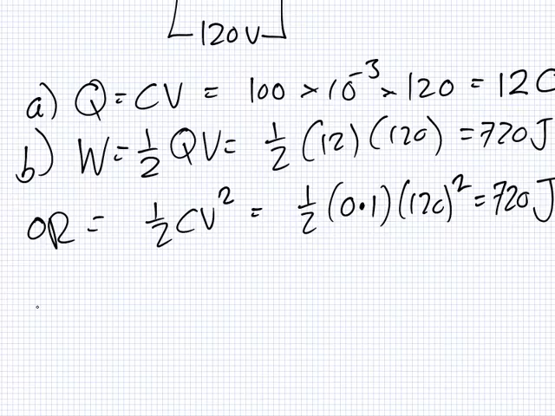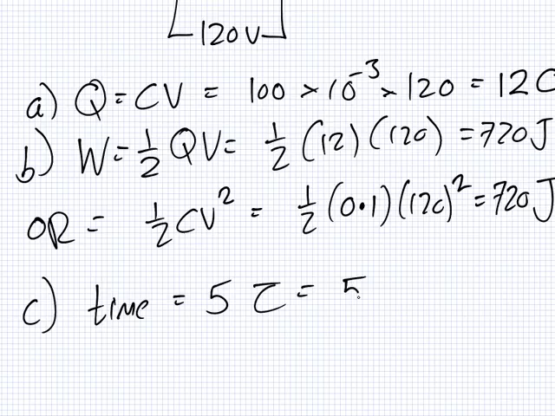What do I want in C? Time to discharge. Now, do you remember the formula for the time to discharge? 5 tau. And what's the formula for tau? Anyone remember tau?